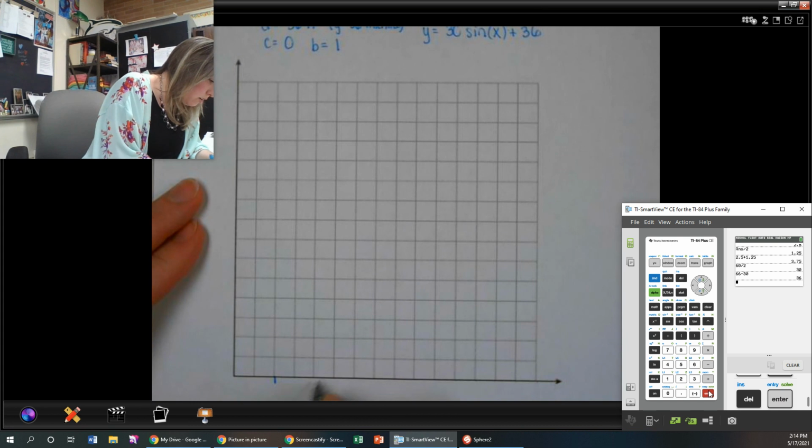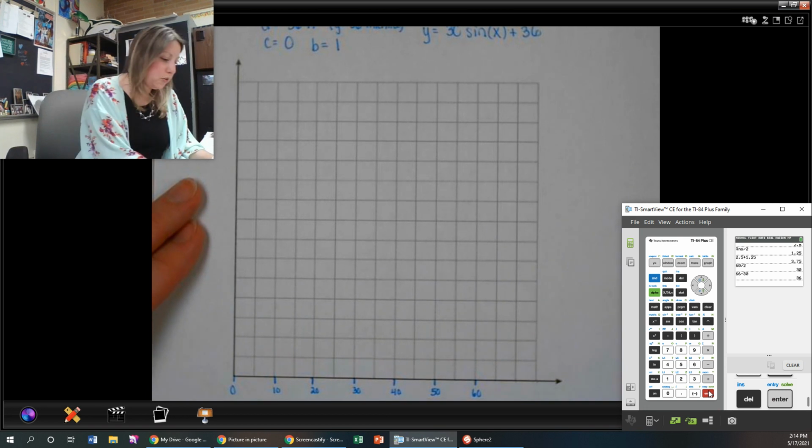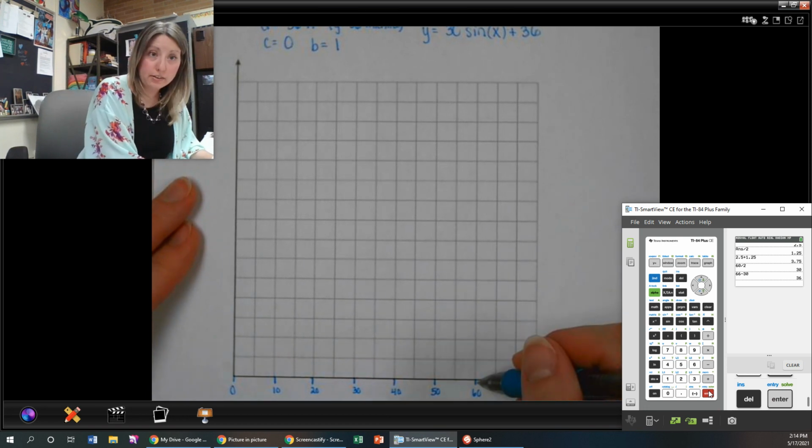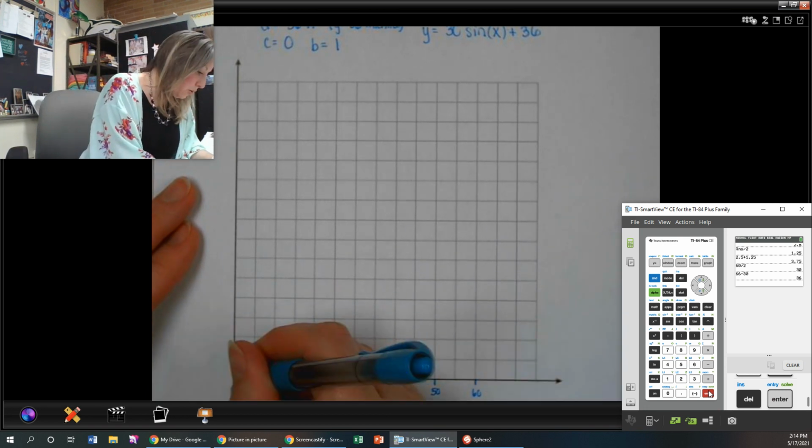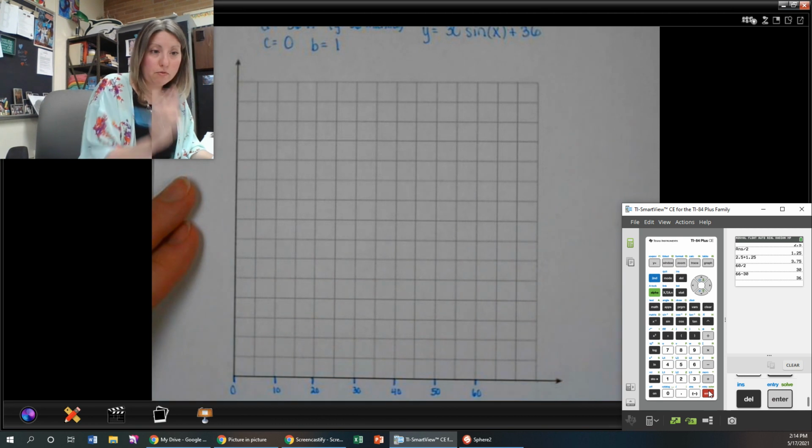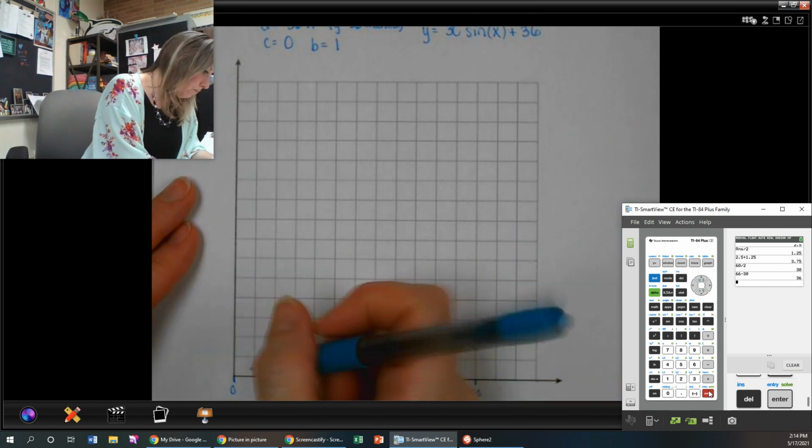So 10, 20, 30, 40, 50, and 60 seconds. And so this is where we'll end the ride, right? 0 is where we'll start the counting of 1 full rotation.